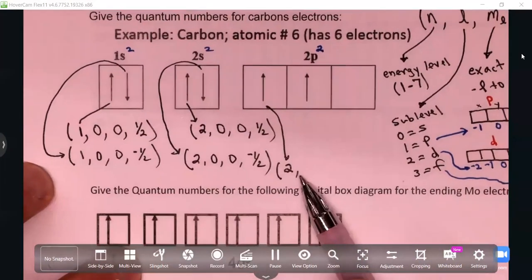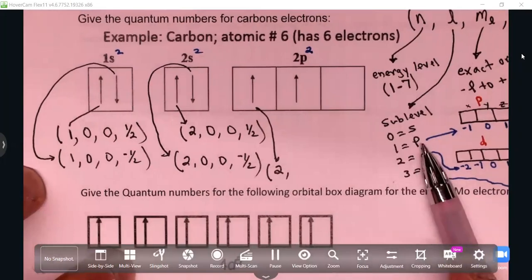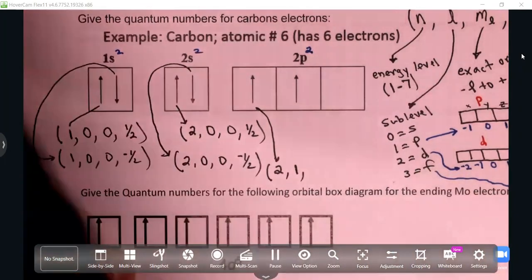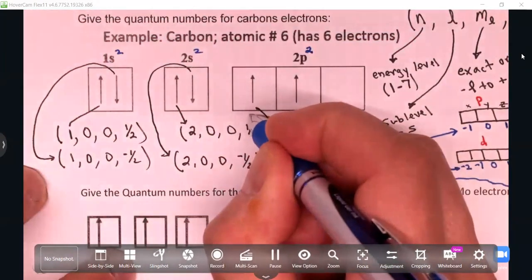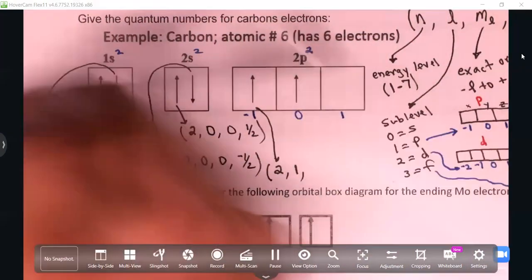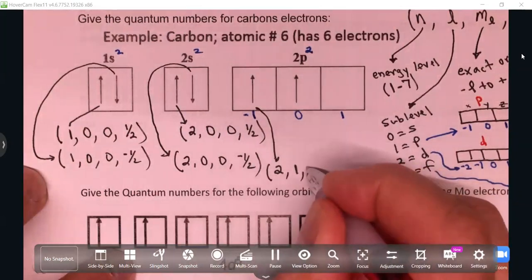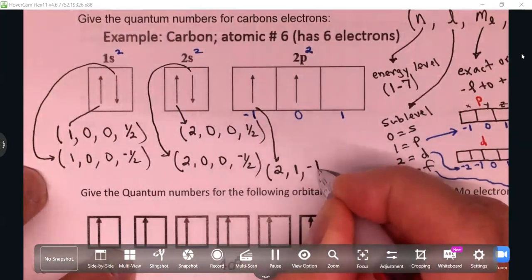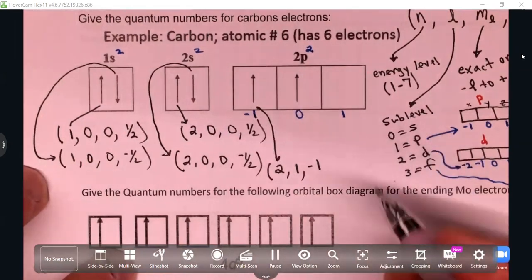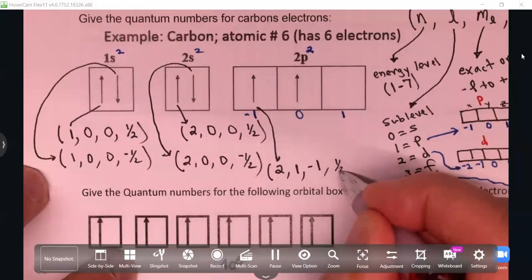The sublevel, the next number, is 0 for an S, 1 for P. So 1 for a P, right? And we can label this -1, this is 0, this is +1. And it's in the -1 orbital, right? The third one tells us the exact orbital. It's in the -1 orbital. And then it is spinning 1/2.